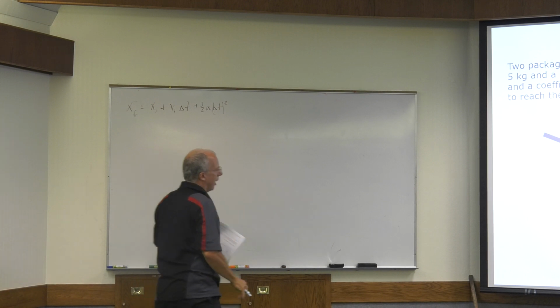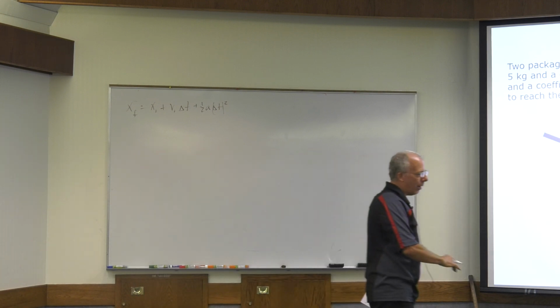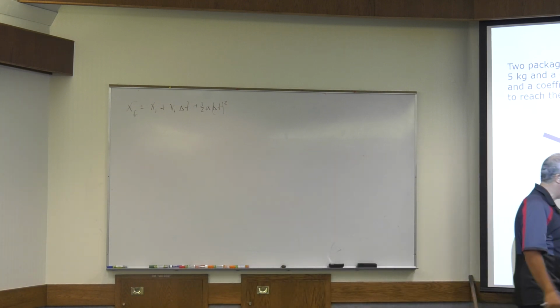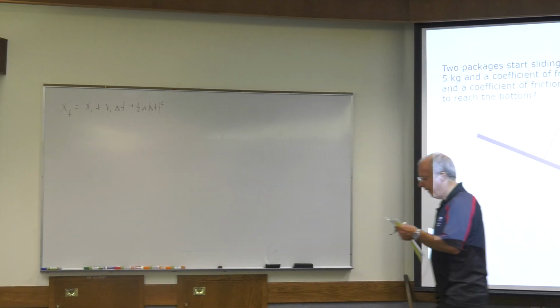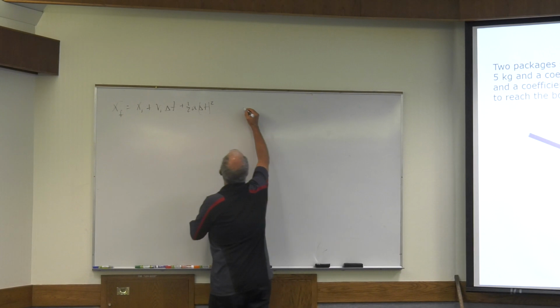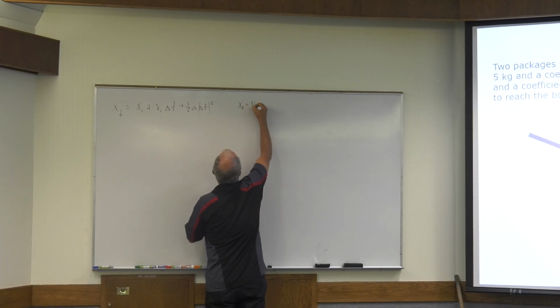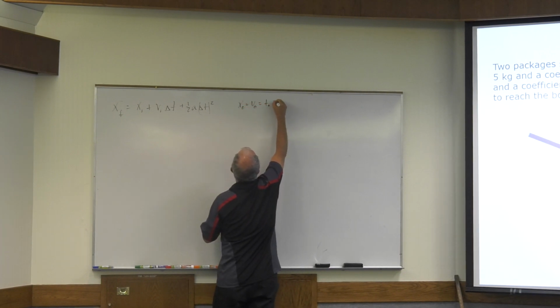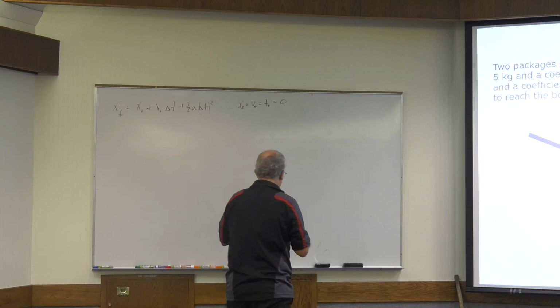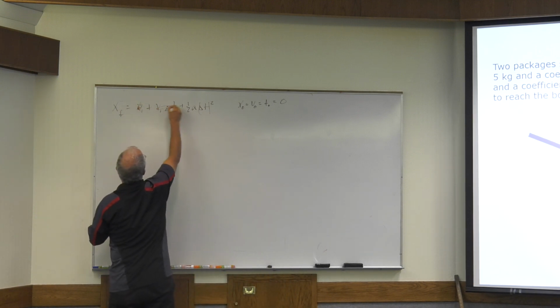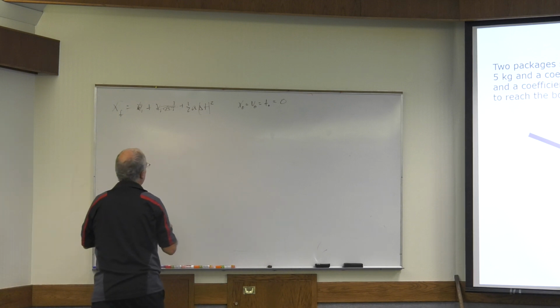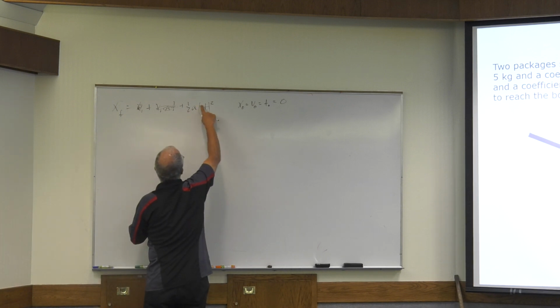Now I'm going to be super horrible. I'm not even going to draw a pictorial representation. So this is the initial point, this is the final point. At the initial point, x0 equals v0 equals t0 equals 0. That's nice, right? So goodbye to those terms. And delta t is just t1.